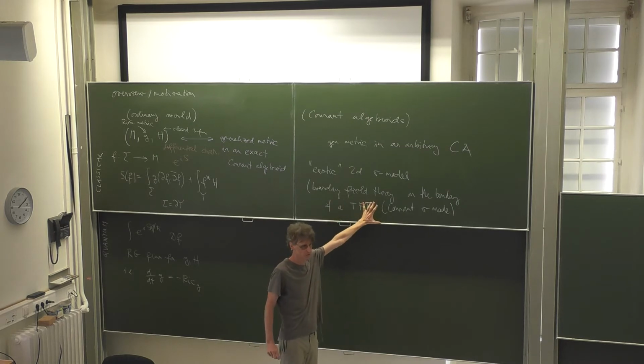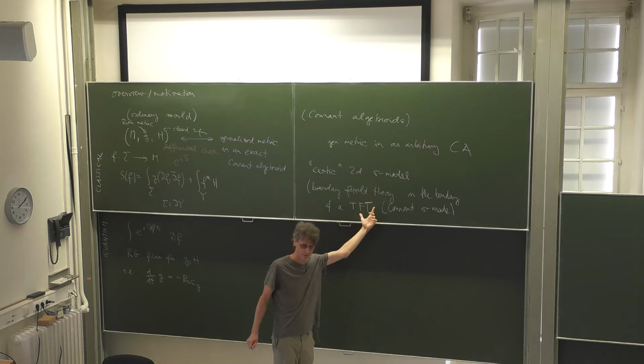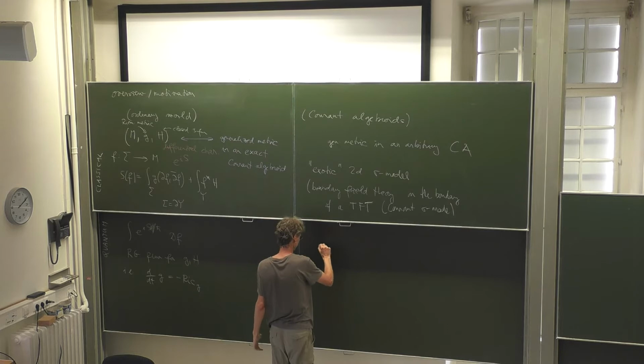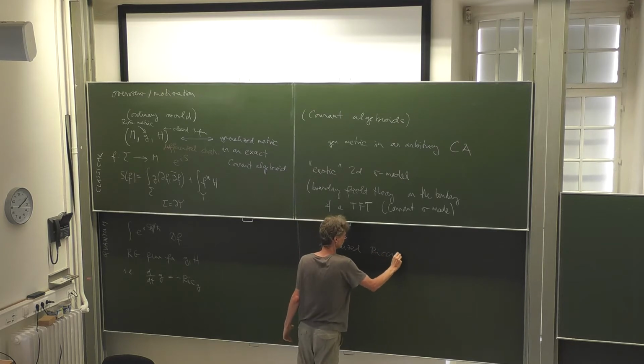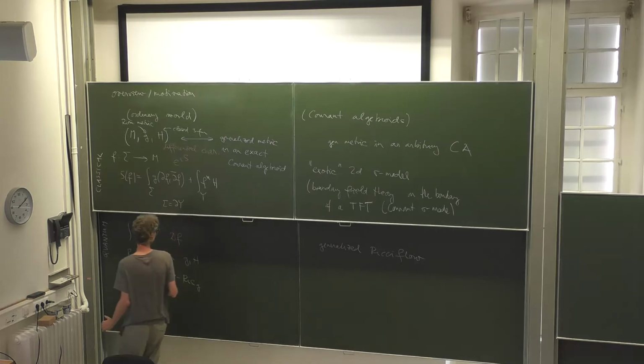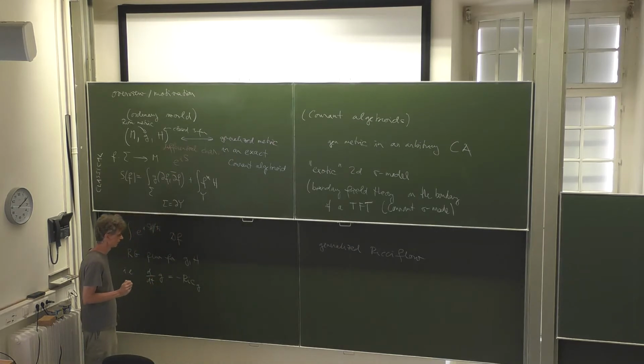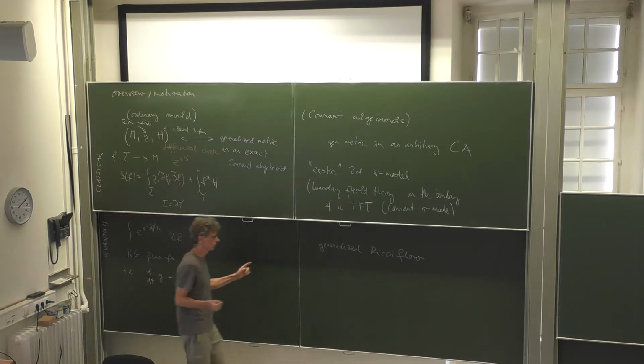Right? So this is a more general story where the Courant algebroid doesn't have to be exact. So here we're going to have a generalized Ricci flow.